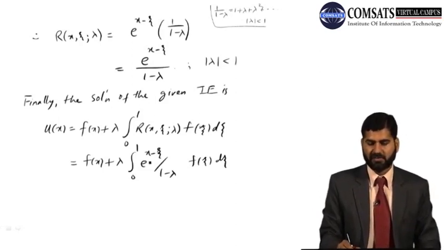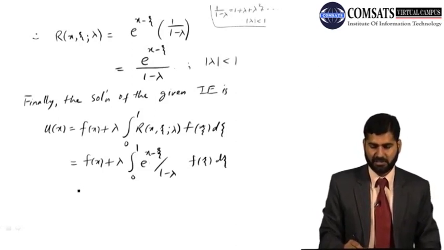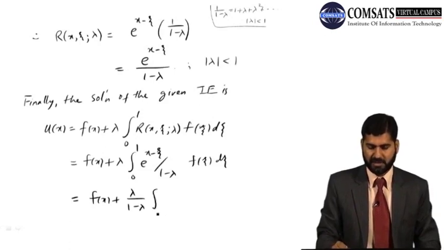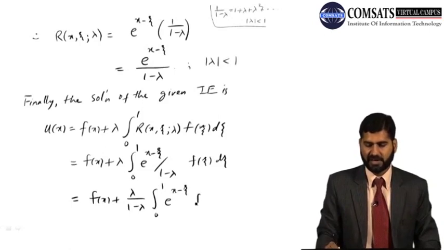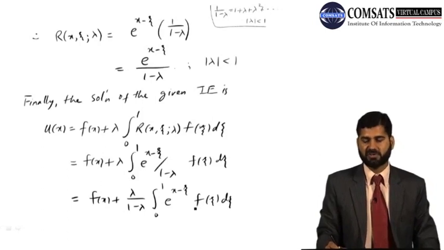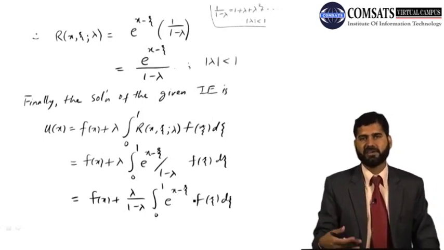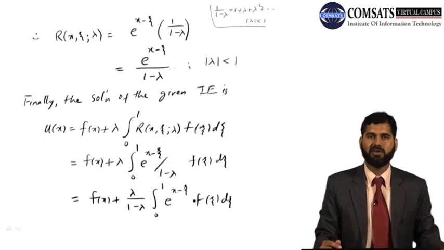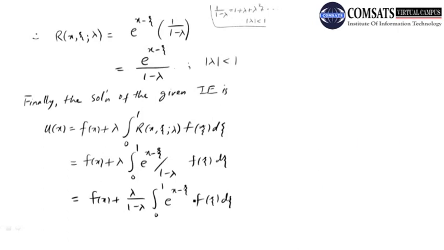That's how you will get it. 1 over 1 minus lambda is a constant that can be brought out, and then integrate. So if f(x) is given to you, you can replace it here, integrate it, and get the final answer. So this is the solution of your integral equation by using the method of successive approximation.